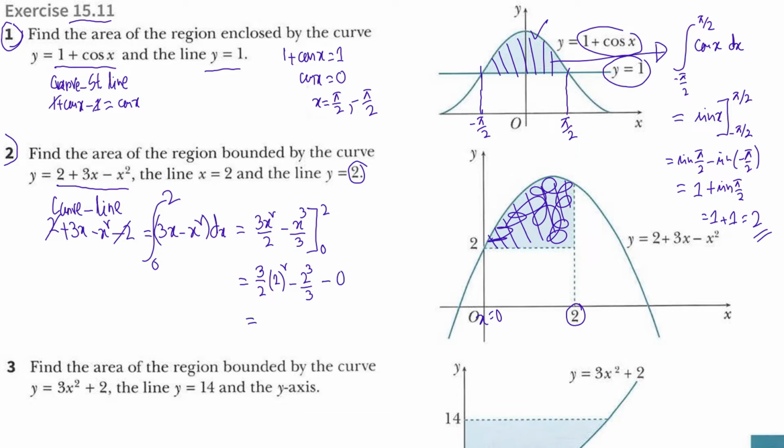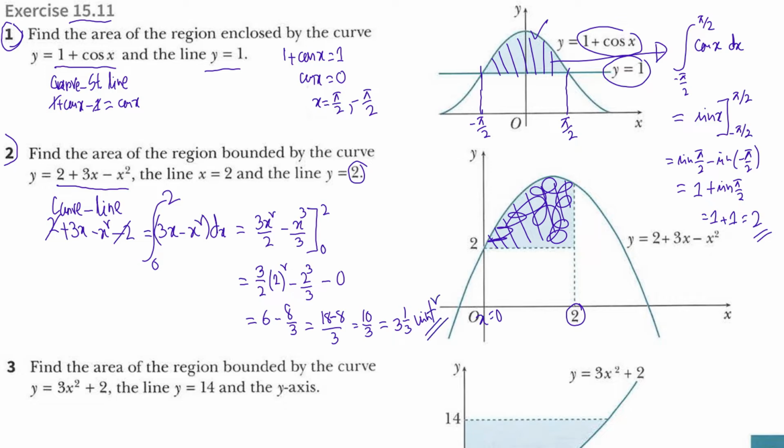So we get 6 minus 8 by 3, which is 18 minus 8 by 3, which is 10 over 3. We also can write it as a mixed fraction, 3 and 1 by 3 unit square. This is our answer to this question.